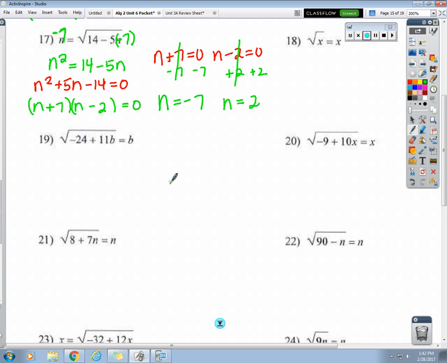Okay, when you type in a negative 7 and hit enter into that side, what do you get? So that one didn't work out, did it?